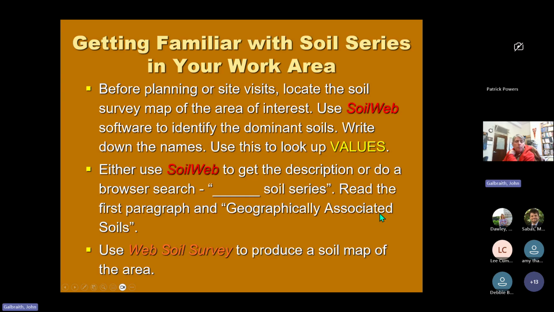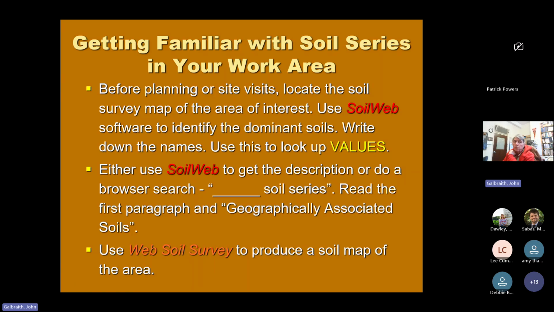Okay. If you don't use SoilWeb, if you just want to go to the internet, you just type in a search, put in the name of any soil series, and put soil series after it, and you'll get that information, that official description that I showed you just a minute ago.